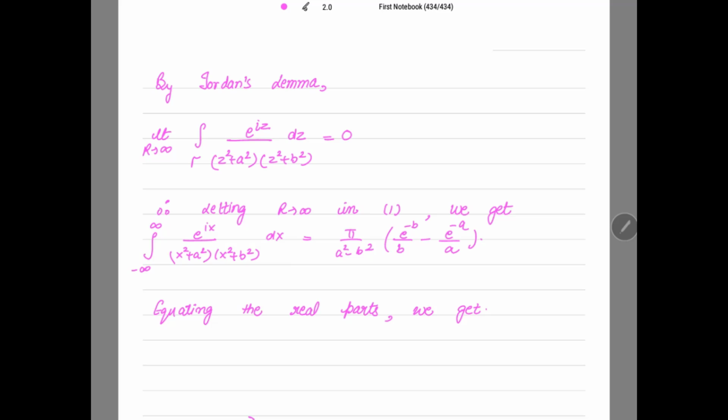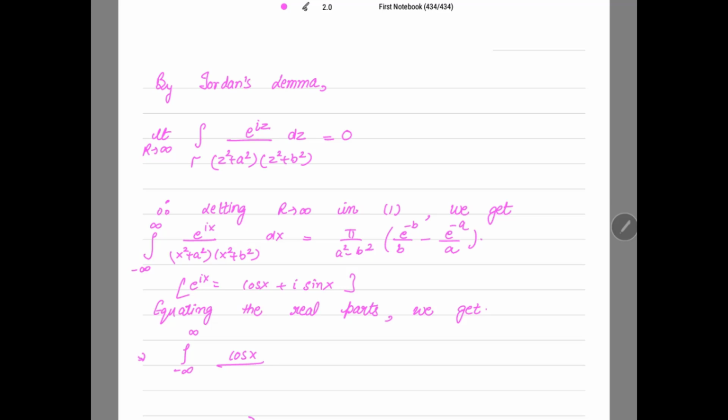Fine. Now because I need cos in my required integral, I have to equate the real parts. Now I know that e to the power iota x is cos x plus iota sin x. If you write e to the power iota x as cos x plus iota sin x, and then equate the real parts, you will get the integral from minus infinity to infinity of cos x, because there is no imaginary part on the right hand side, so that will be 0.